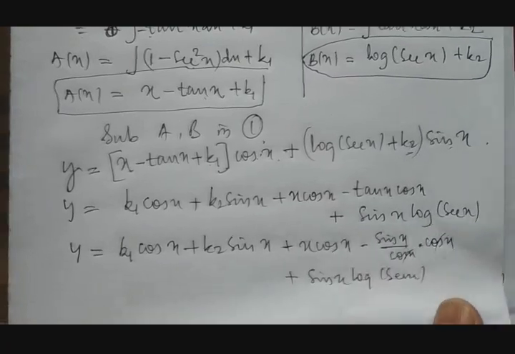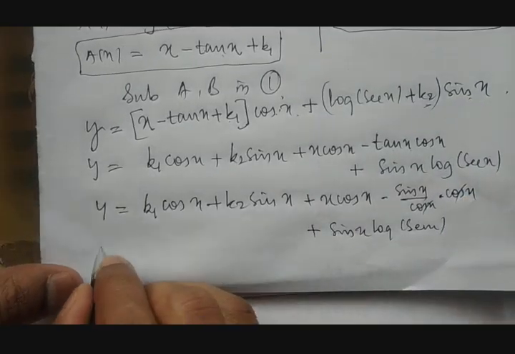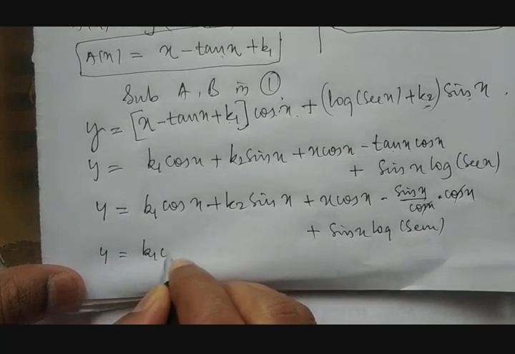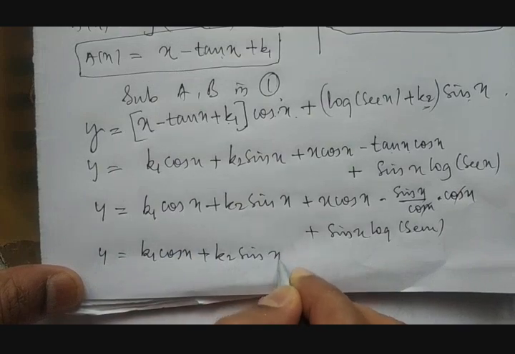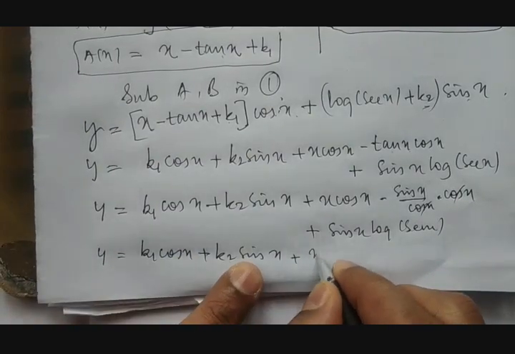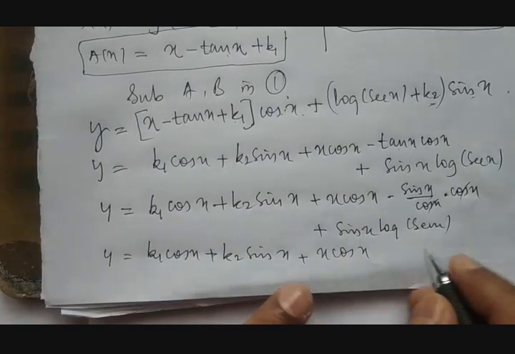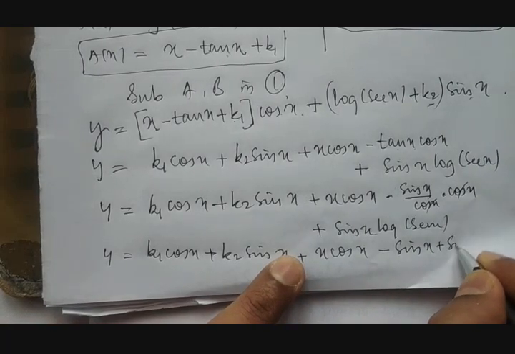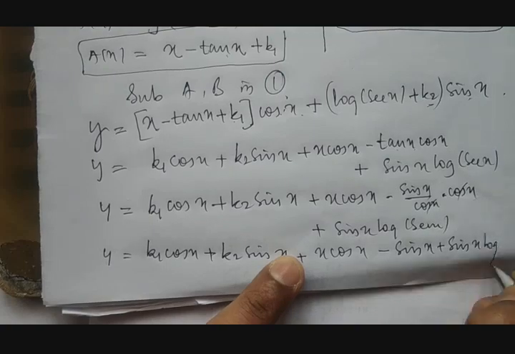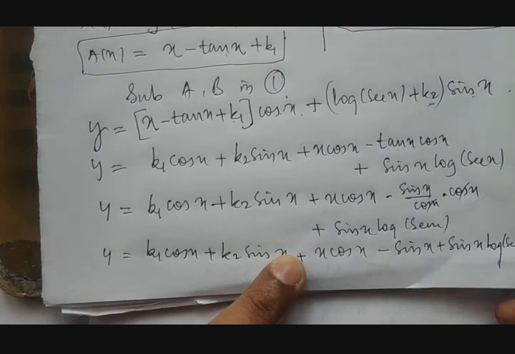Then cos gets cancelled. Then we got y is equal to k1 cos x plus k2 sin x plus x into cos x minus sin x plus sin x into log of sec x.